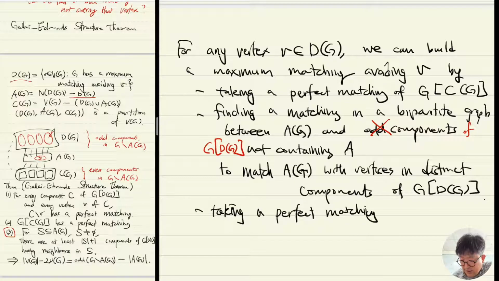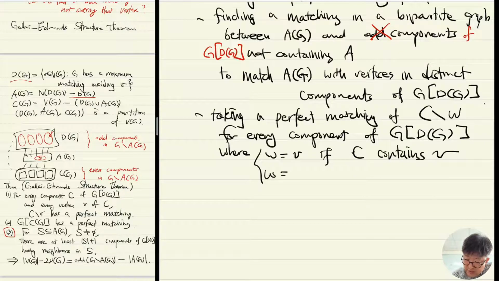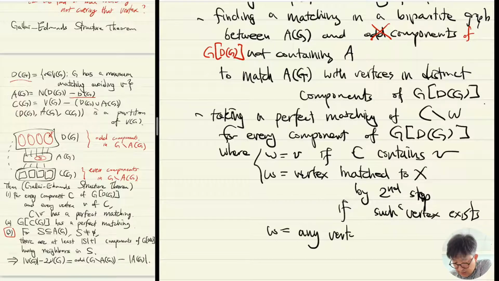And then finally taking a perfect matching of C delete V, no, not V, okay, let's say W, for every component C of G minus A, where W is equal to V if C contains V, and W is a vertex matched to X by the second step if such a vertex exists, or W is any vertex otherwise.